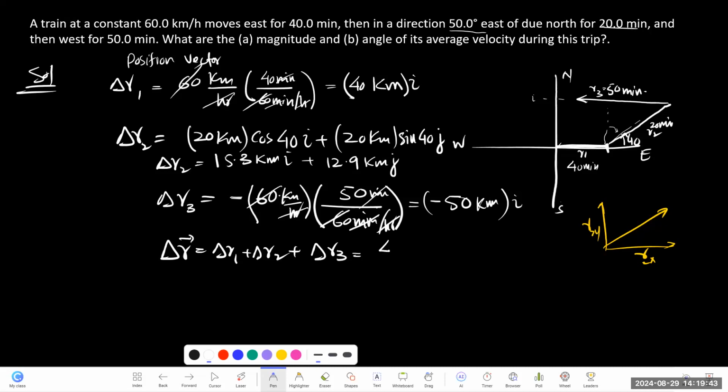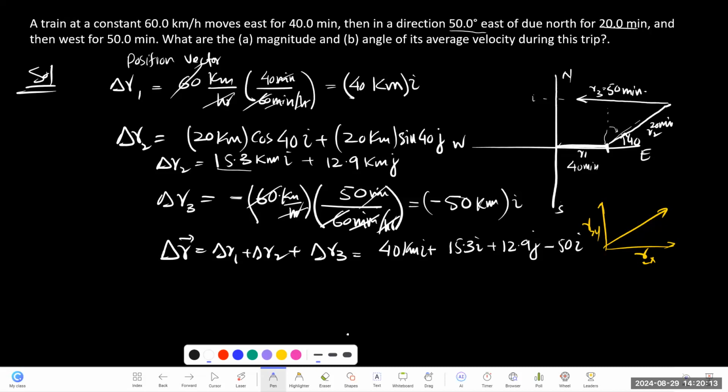R1 is 40 kilometers i plus 15.3 kilometers i, plus 12.9 j, and then minus 50 i.